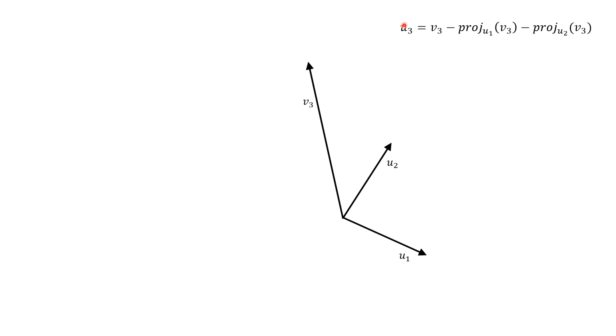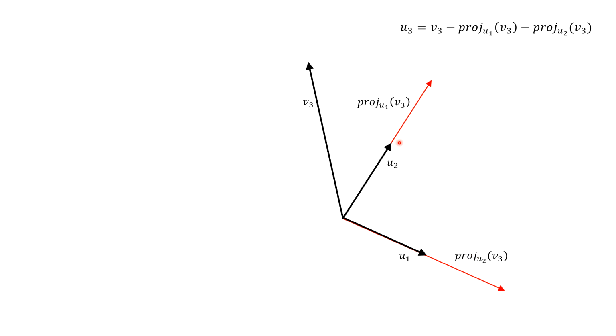And we want to find u3. So I've drawn v3 and assume it's not orthogonal to u1 and u2, so we need to do some work to compute it. So we need to compute these 2 vectors, these 2 projections of v3 on u1 and v3 on u2.